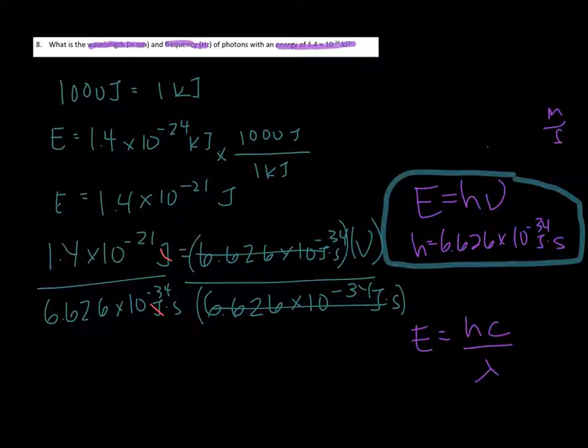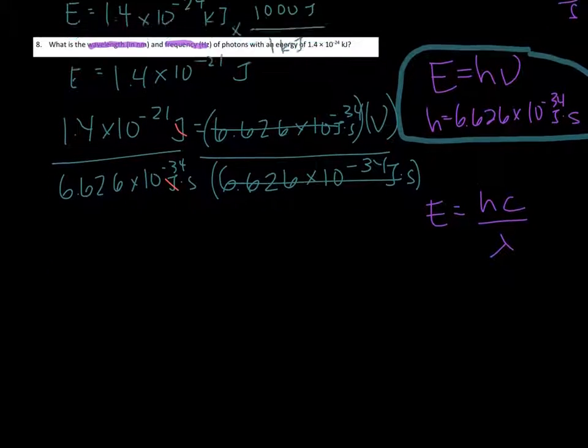I'm going to use this one because I haven't used it yet. I know that I need wavelength, and I have frequency from the last question. And so I'm just going to use that frequency and plug it in right here, and then solve for wavelength.